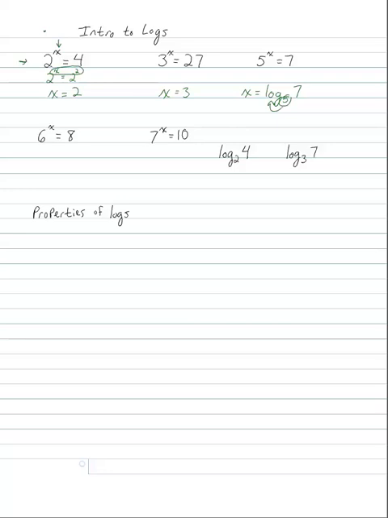When you see a log, it means what would that base be raised to give you whatever's in the log. So let's do this a few more times. This is called logarithmic form, and this would be exponential.